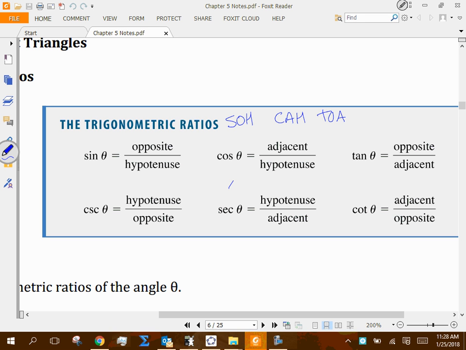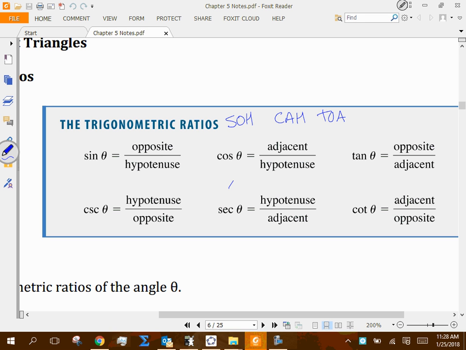But I want to talk about what they mean to us. So grab your calculators, and I know we're running short on time, but I want to at least give you a little bit of an understanding of what is really happening when we talk about these trig ratios and why they are what they are. Your trig ratios come from right triangles.